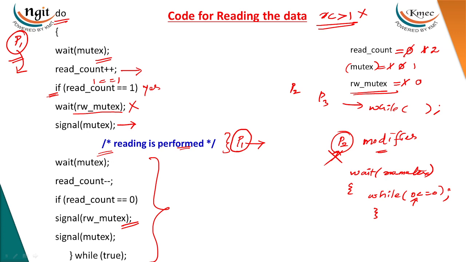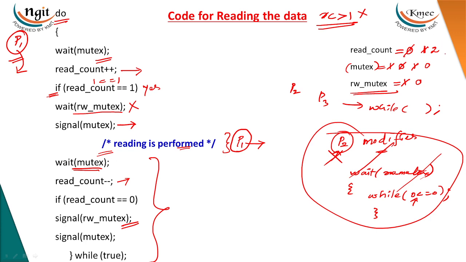So what P1 will do: again P1 executes wait on mutex, 1 to 0. Then it decrements the read count value. Assume that P2 has not read, so read count value is only 1. P1 is the only one that read, so 1 to 0.